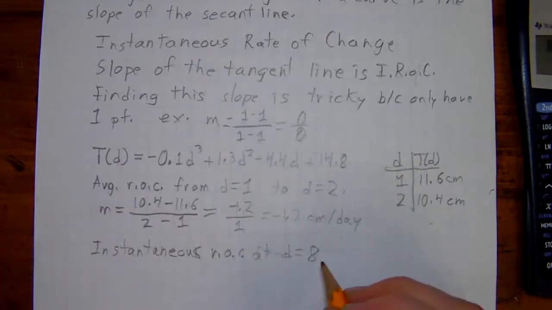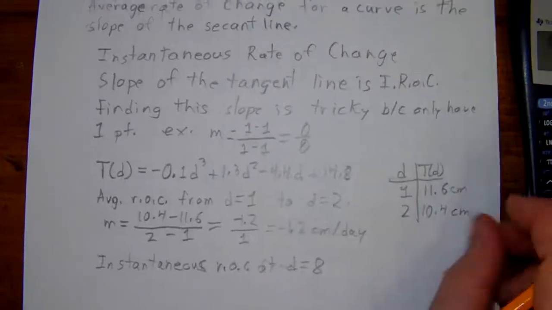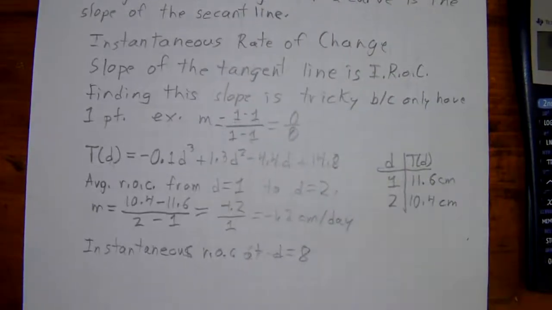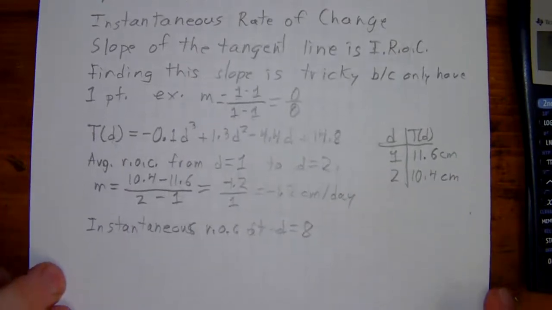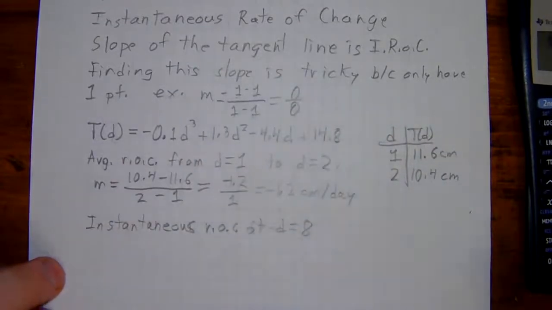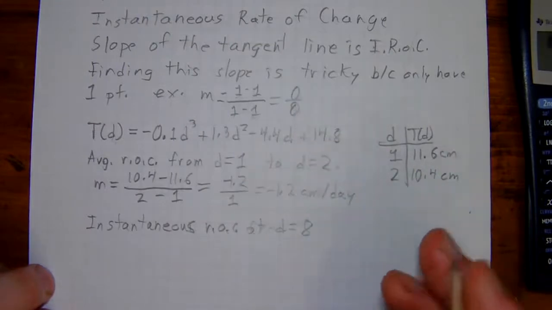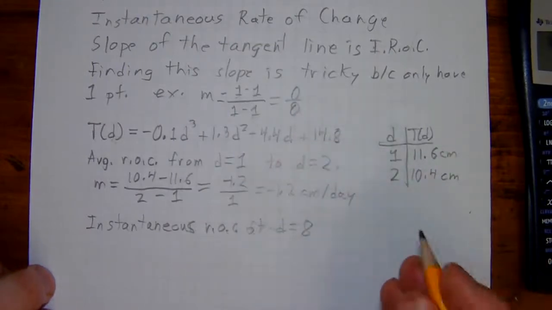So exactly the moment where d equals 8, we don't know whether that's noon or midnight or what, but exactly that moment, we want to know how fast the ice is changing. So we need 2 points. If we just have 1 point, we're going to get 0 over 0. So we have to get 2 points.